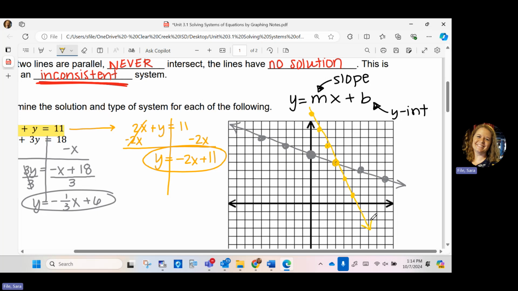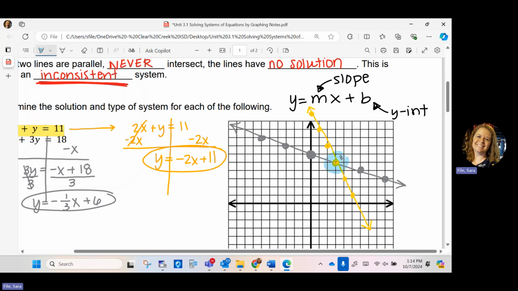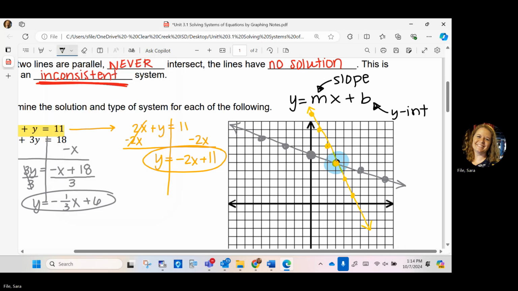So when we talk about where do these intersect, we just plotted a point where they intersected right here. Okay, so that is where they intersected. This is the point of our solution. Remember, your solution is written as an x, y, as an ordered pair.